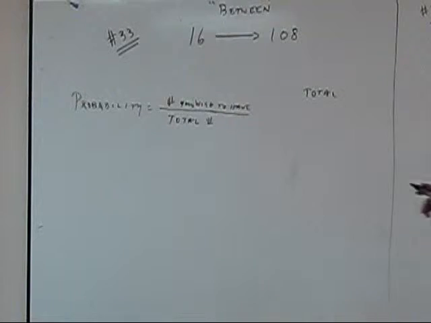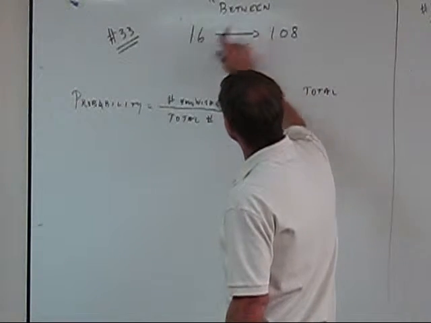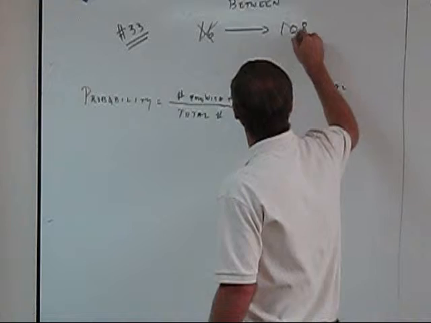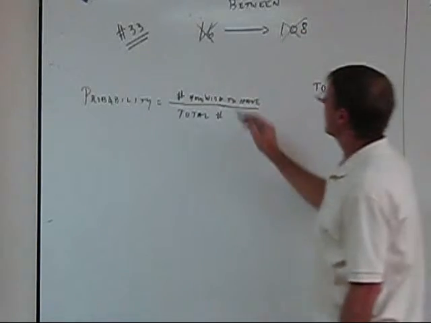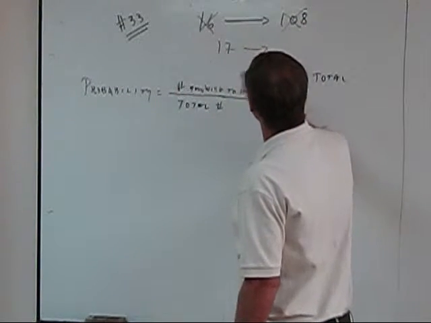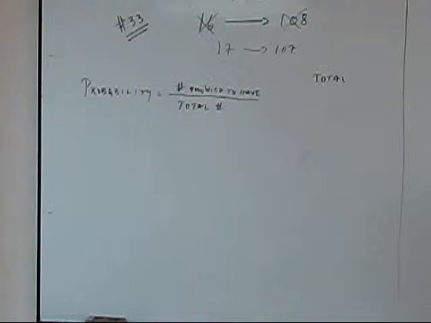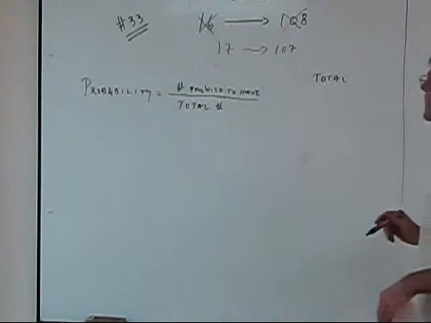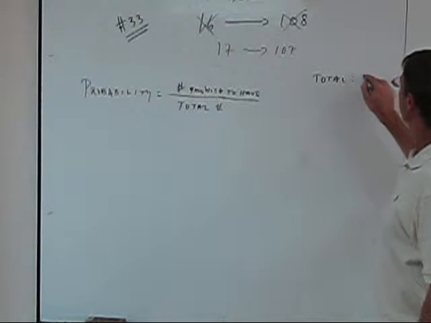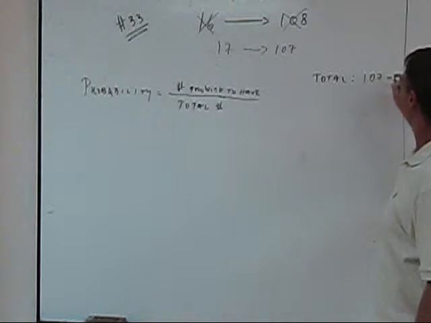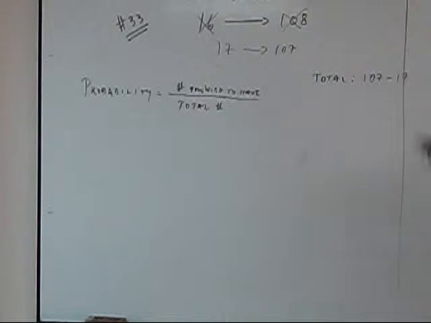Now the first thing to be careful of is this is between, so we're not including 16 and we're not including 108. We're talking about 17 through 107. So that's the first thing here, is to just realize that between does not include the endpoints. So the total is found by going 107 minus 17 and then add 1.